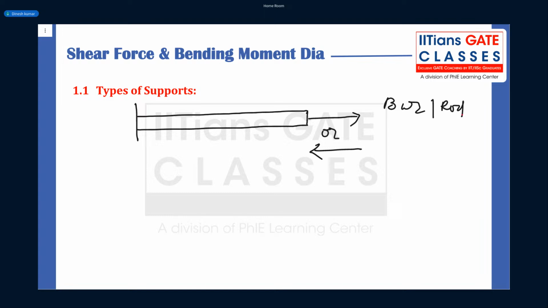Okay. Now, what is the difference between bar and rod? It's a simple difference, right?